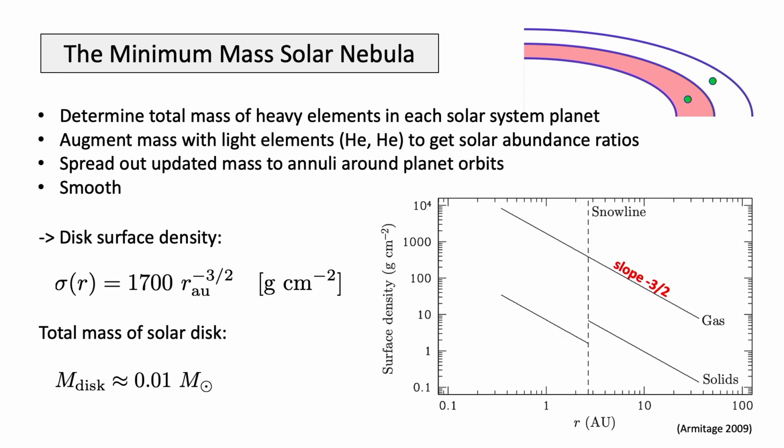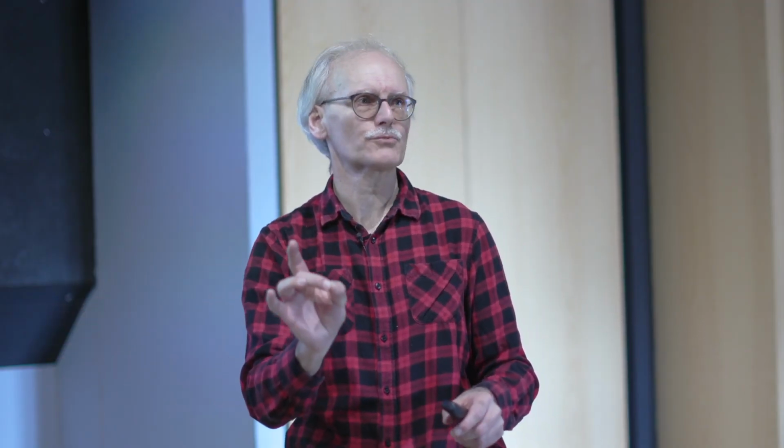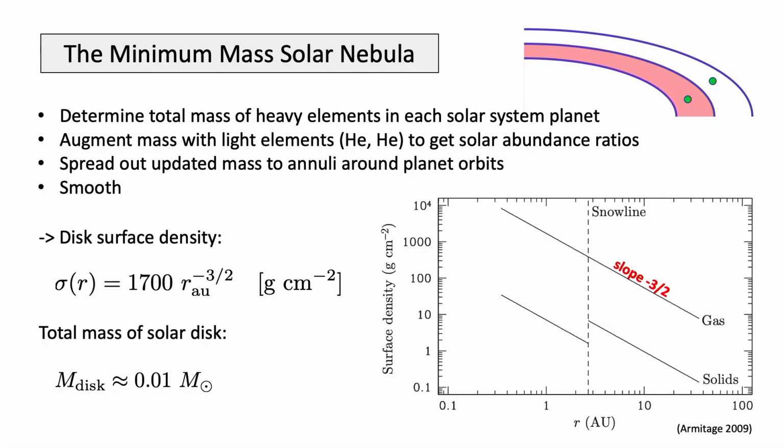That's basically collapsing the whole disk to a plane. It's just a two-dimensional plane, and measuring how much mass you have per square centimeter after the projection. So that's the surface density as a function of radius that we assume must have been there in the initial solar system to form our planets.